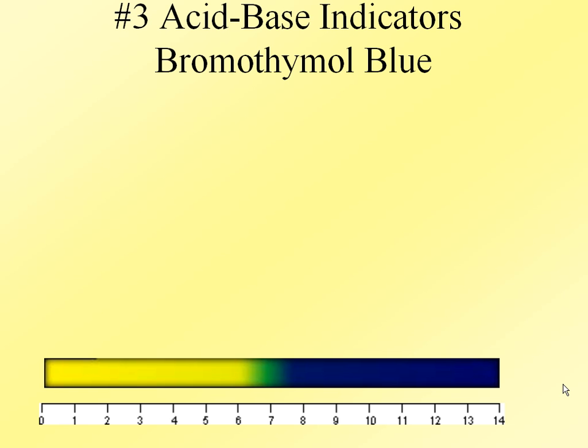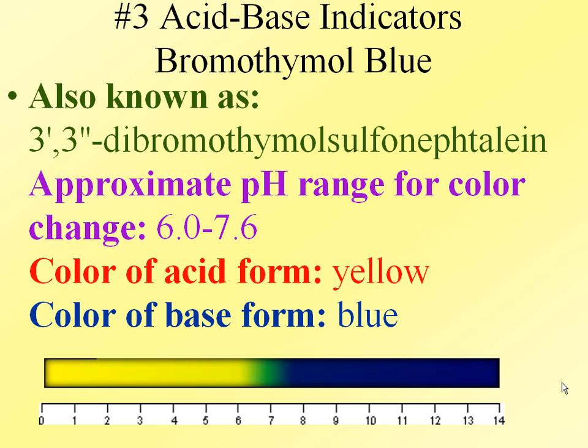Acid-base indicator bromthymol blue, also known as 3',3"-dibromothymolsulfonephthalein. Approximate pH range for the color change would be between 6.0 and 7.6.